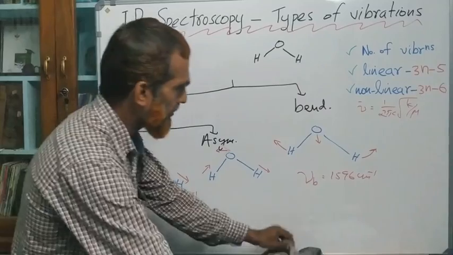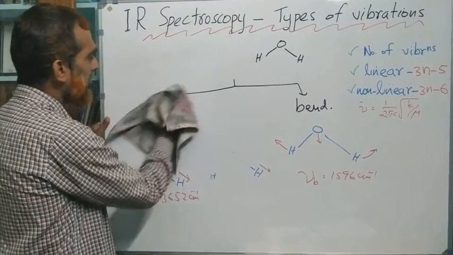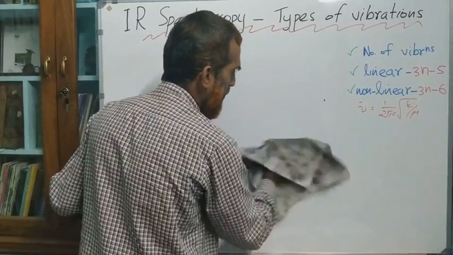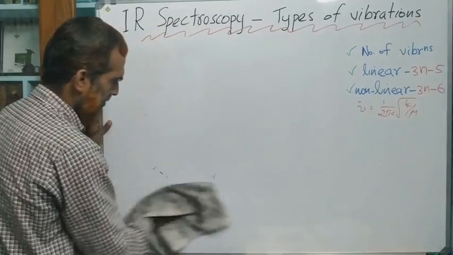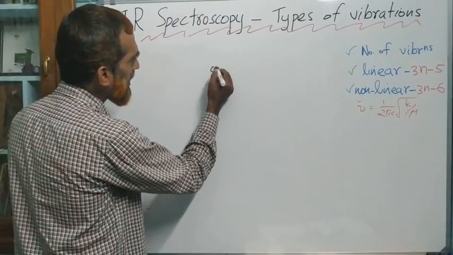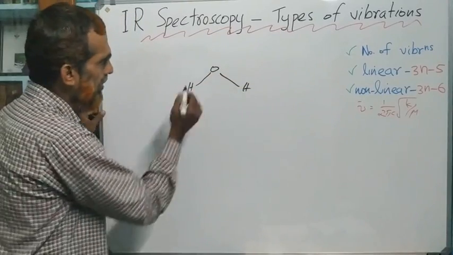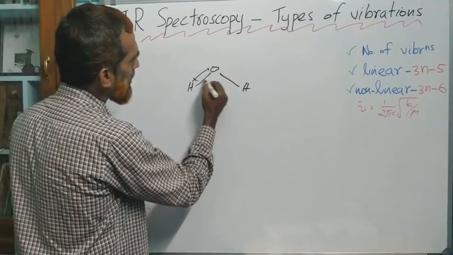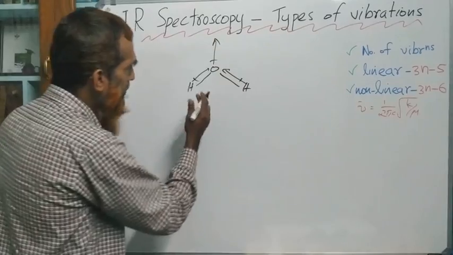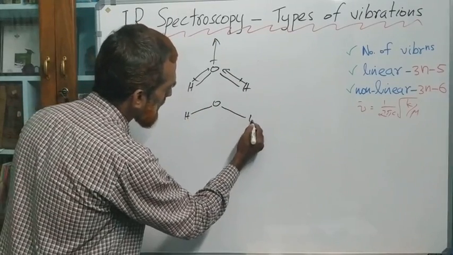So that's about various types of vibrations possible for a molecule, how we predict the number of vibrations, and how we predict whether it is IR active or not. Finally, this bending vibration, how does it become IR active? See, already this molecule is polar. In this direction there is a resultant. When the angle is increasing, it gets flattened a little like this.